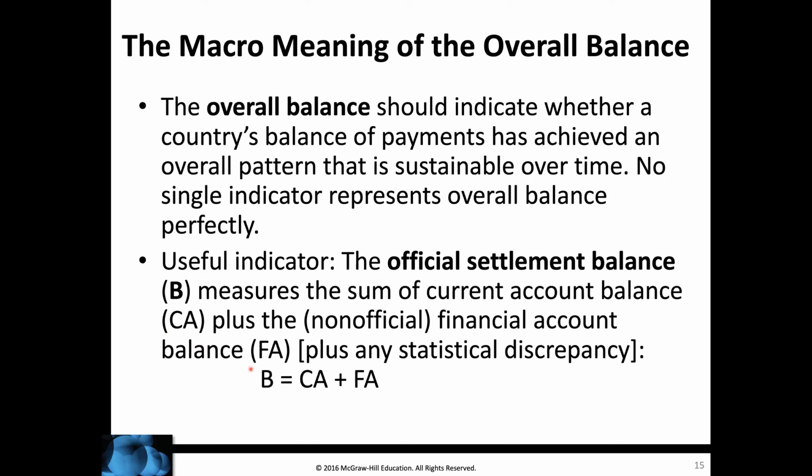So B, the official settlement balance, equals the current account plus the financial account balance. This is an indicator of whether a country's balance of payments has achieved an overall pattern that is sustainable over time.